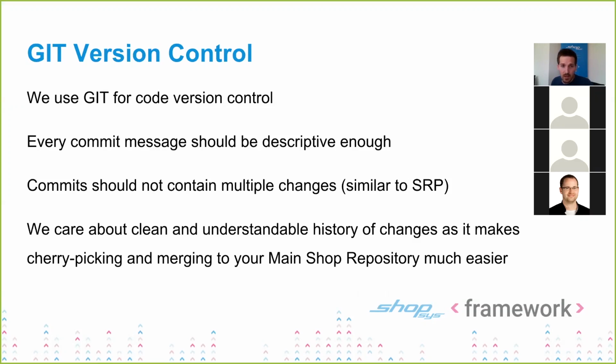Yeah, it's also important for us to keep the history really clean, because the core of Shopsys Framework, the main repository that will be forked to create the customized stores on Shopsys Framework, will not use the Glassbox extensibility, but OpenBox, which means that you will fork the repository, and if there are any bugs or any new features in the repository, you will need to merge them or cherry-pick them manually, and the clean history in Git will help you with this.